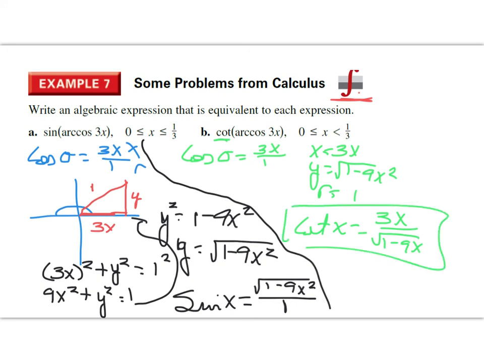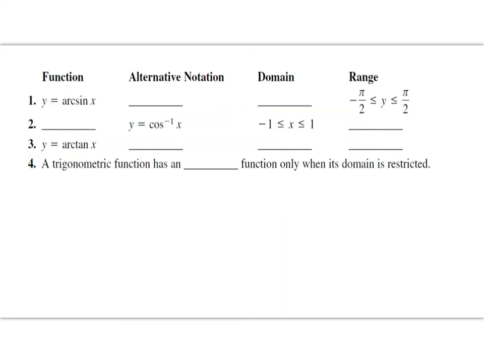And you're done. Okay, so now what we're doing is we're just trying to do our vocabulary. So when we look at this, let me do blue. The alternate way of writing this is y equals the sine inverse of x. And then we need to remember that the domain of the arc sine is going to be from -1, which is less than or equal to x, which is less than or equal to 1.